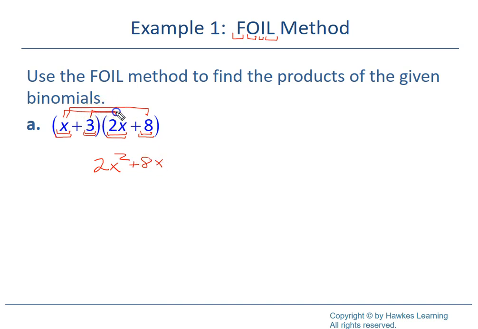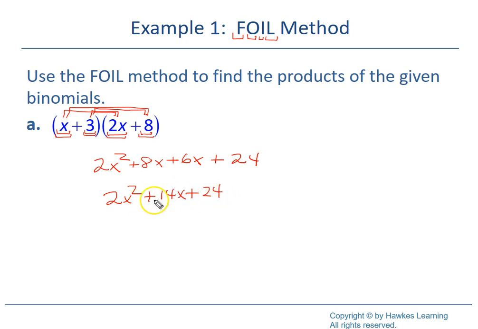Now the inners, plus 6x, and then the last, plus 24. Now, usually you have like terms in the middle that you combine, and you get 2x squared plus 14x plus 24.